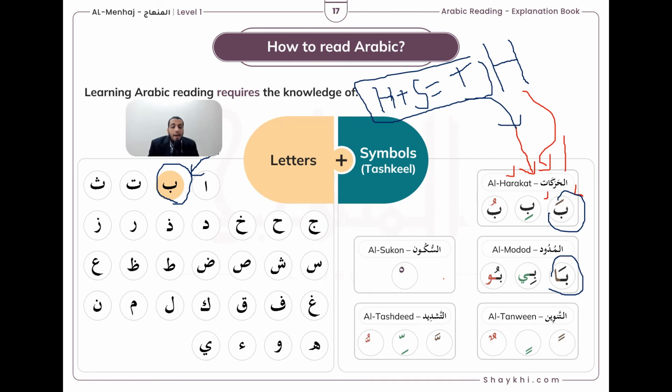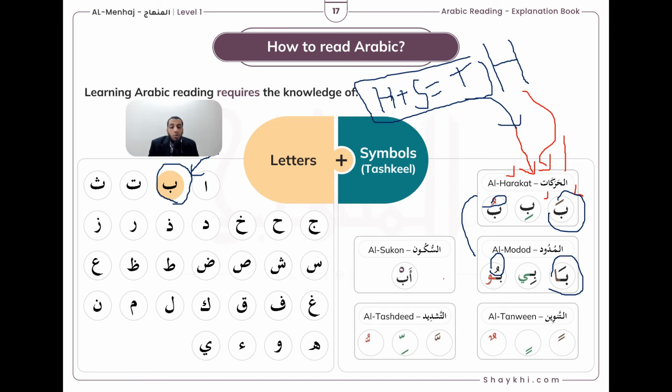And then we have buu, the same idea as al-dhamm but longer. So I think now you understand al-harakat and al-mudud well. Why? Because it's the same idea, only the duration of the sound is different.